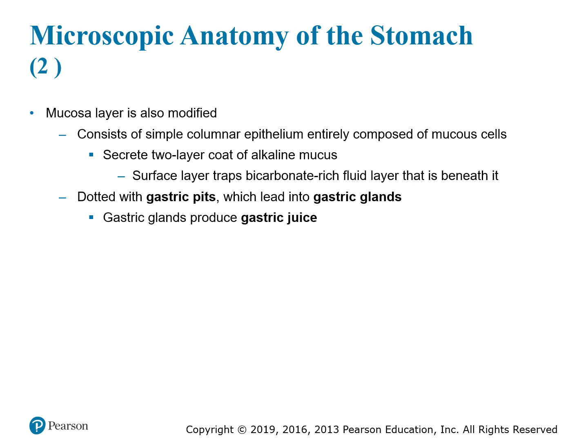And why do we need so much mucus layering in the stomach? So that the stomach does not digest itself. And then it is dotted with gastric pits. In the mucosa, we will see gastric pits. There will be pits going deep in, which lead into the gastric glands. Gastric glands produce gastric juice.